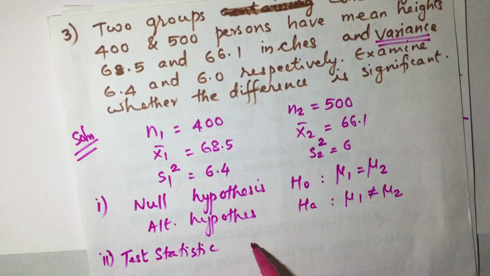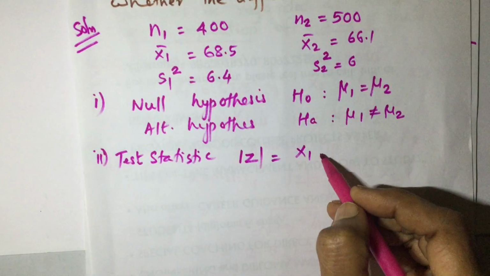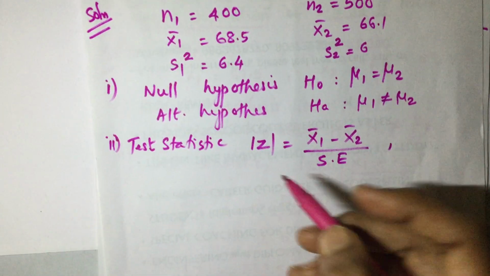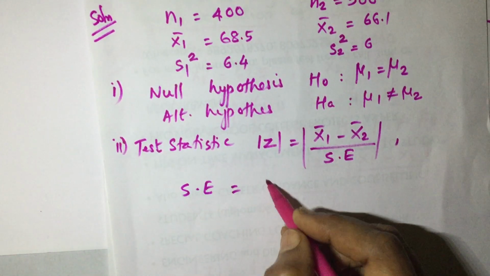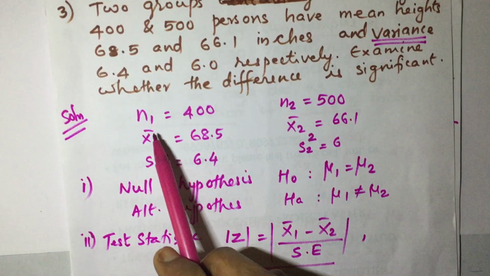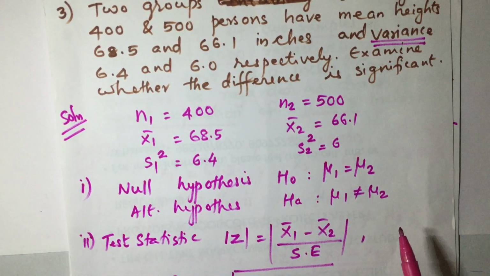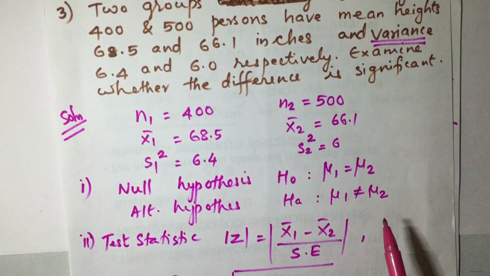That is Z is equal to x1 bar minus x2 bar divided by standard error. Which formula you will use? Here S1 square, S2 square, N1, N2 are given, and nothing is told about the population variance or population standard deviation. So we assume here they are not equal and they are unknown also.